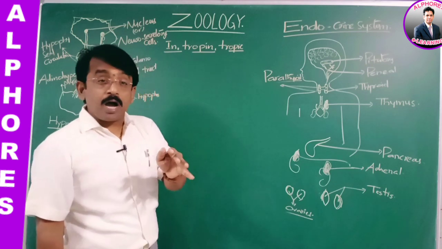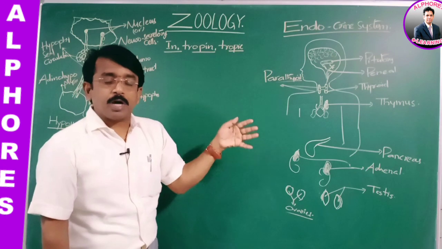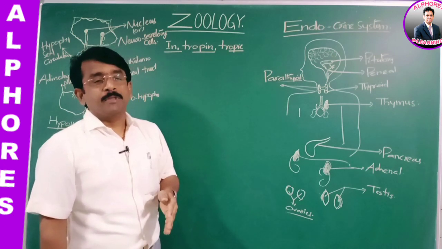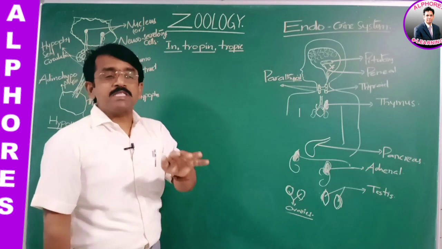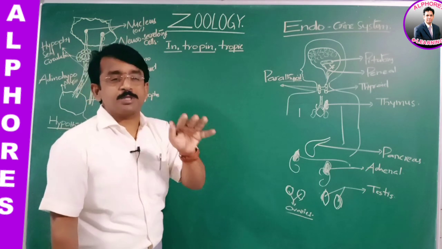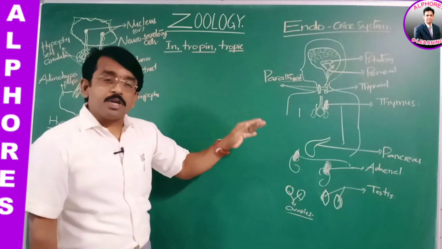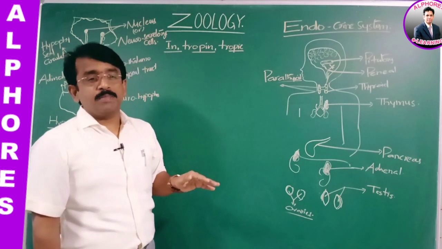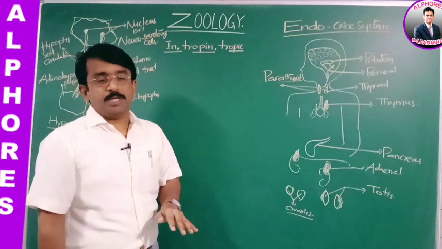It is not as well developed as in human beings, the higher vertebrates, whereas in human beings and mammals a well developed endocrine system is present, which releases a large amount of hormones for regulating the activities.